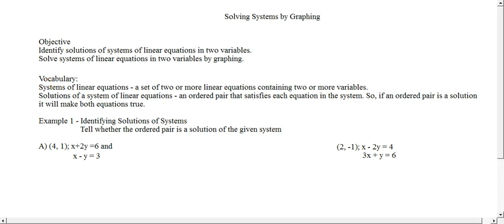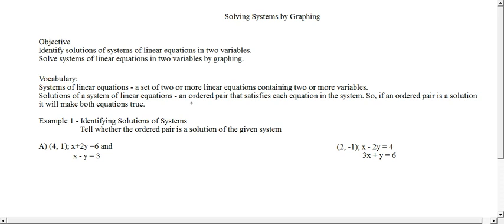We say that a system of linear equations is a set of two or more linear equations containing two or more variables. And a solution of a system of linear equations is an ordered pair. We mentioned graphing, so we're talking about x and y on the coordinate plane.